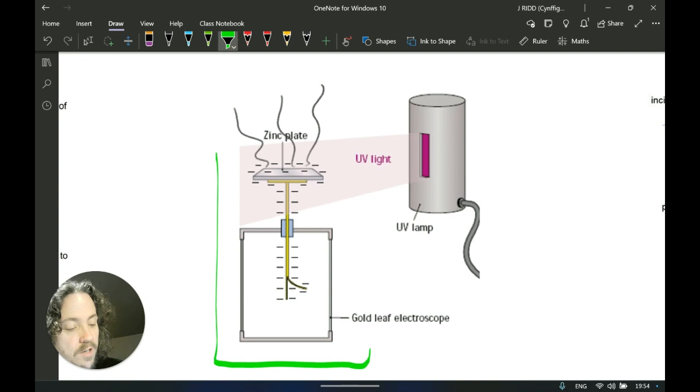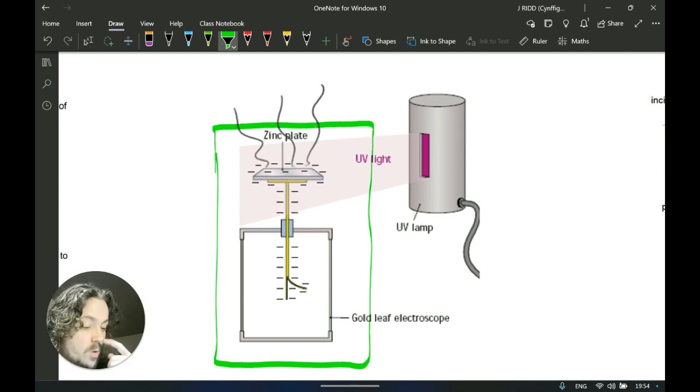This is known as a gold leaf electroscope. It's a simple way of measuring charge, because if I charge this zinc plate at the top, then the excess electrons will form all over this metallic rod and the surface.